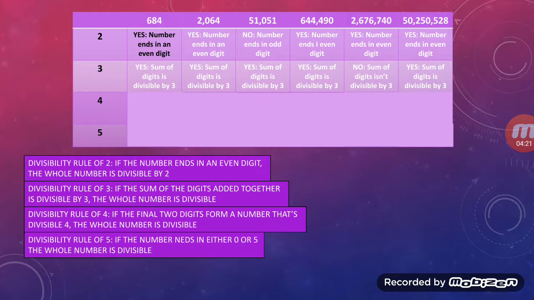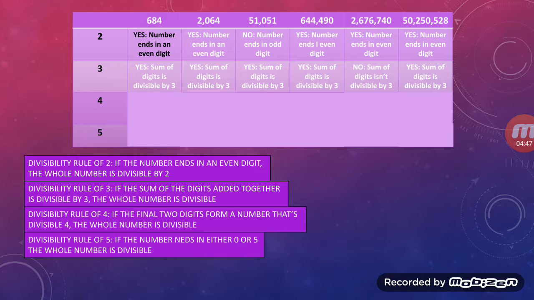Moving on to the divisibility of 4 rule, we see if the final 2 digits form a number that is divisible by 4, the whole number is divisible by 4. So, as it says, if the final 2 digits of a number form a number that is divisible by 4, then the original number is also divisible by 4.